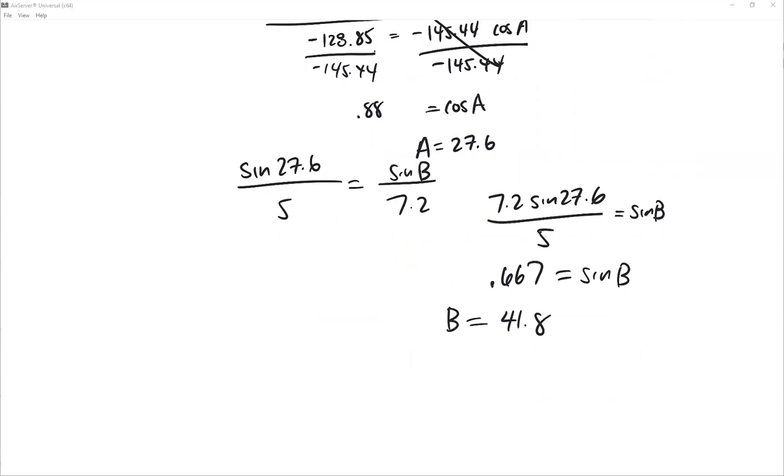If A is equal to 27.6 and B is equal to 41.8, add those two and subtract from 180. So C is equal to 110.5-ish.